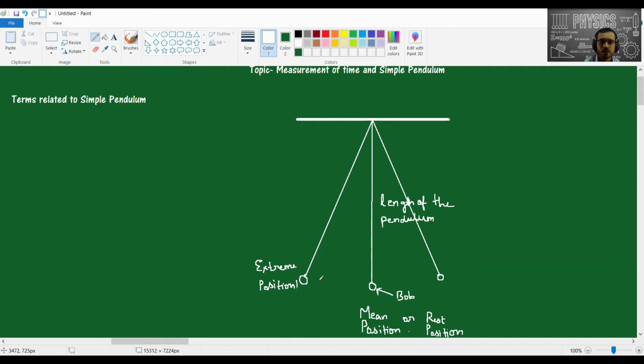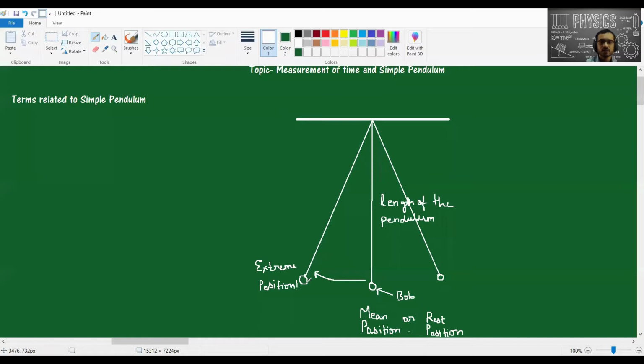See, one complete to and fro motion. From mean position, it was displaced till here. So what happened is we stored some potential energy in it. We did some work which stored potential energy in it.